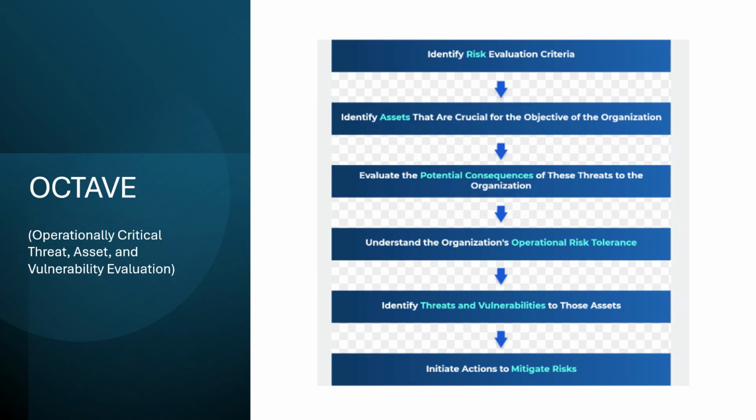OCTAVE, Operationally Critical Threat, Asset, and Vulnerability Evaluation, is a risk-based security assessment methodology developed by Carnegie Mellon University to help organizations identify and manage information security risks.